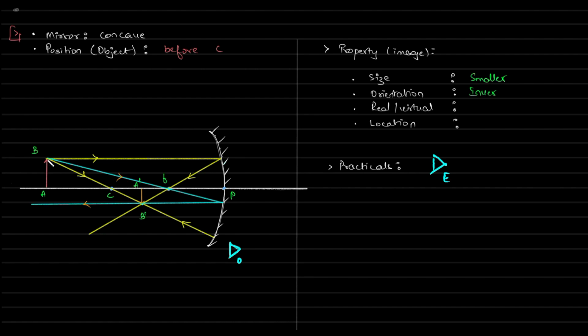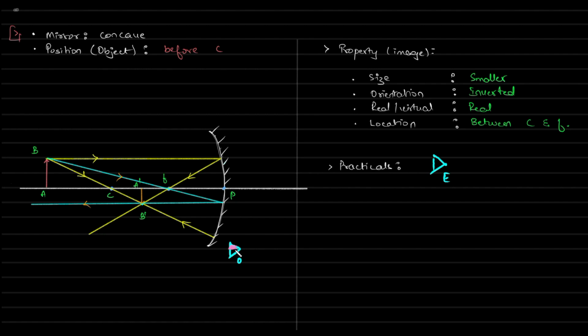So remember, it started with an arrow, it will end with an arrow. So it has to be downward, inverted. So it's real. It can be captured on the screen. We'll see that practically. Location, it's between C and F. Okay.